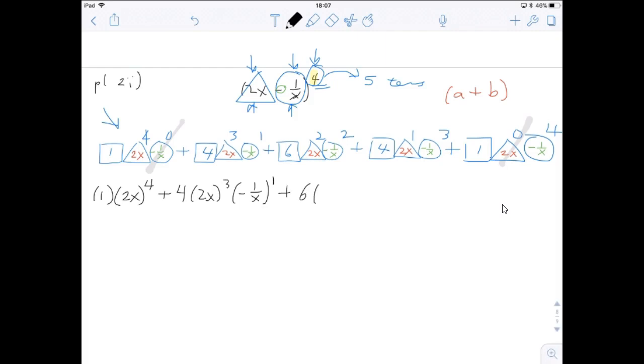Then I have 6 times 2x squared times -1/x squared. Then I have plus 4 times 2x to the 1st times -1/x cubed. And then for the last one, I have 1 times -1/x to the 4th, right?